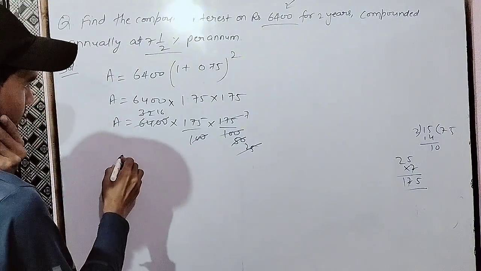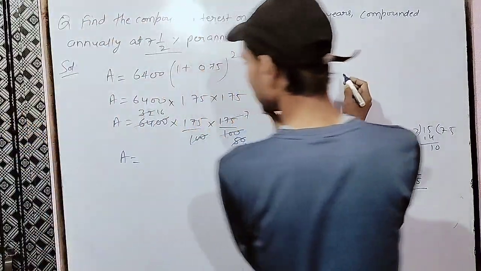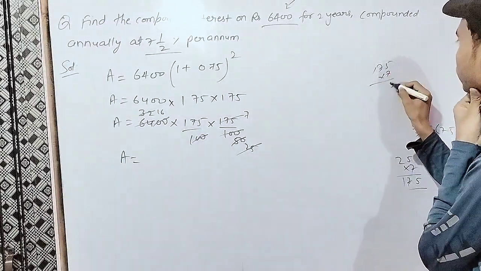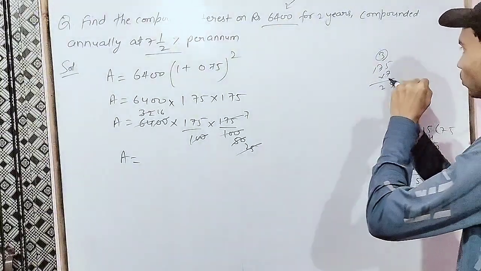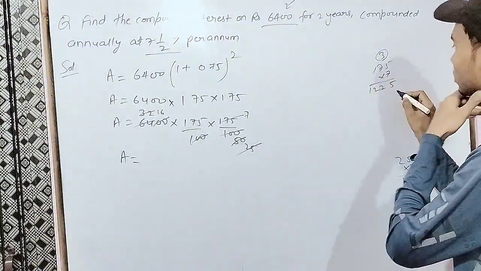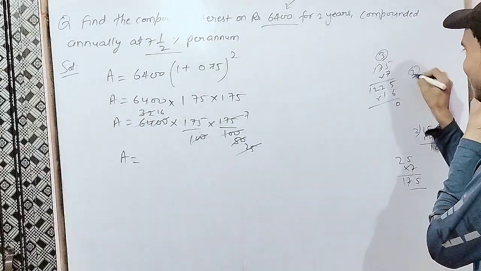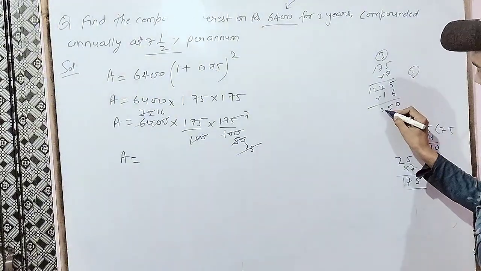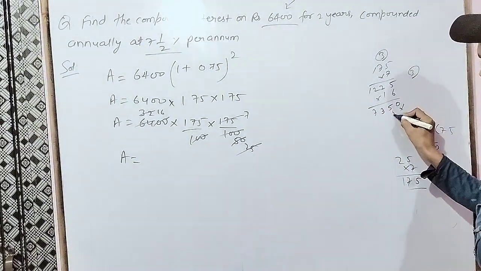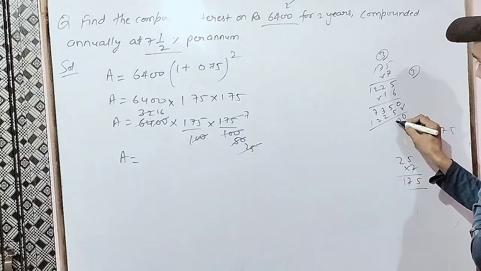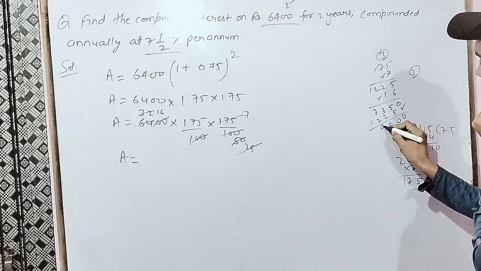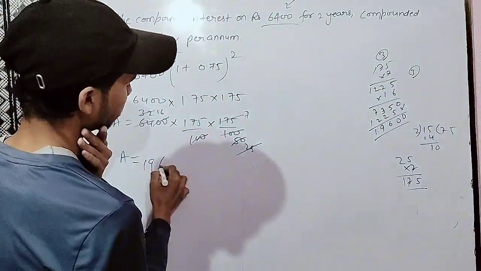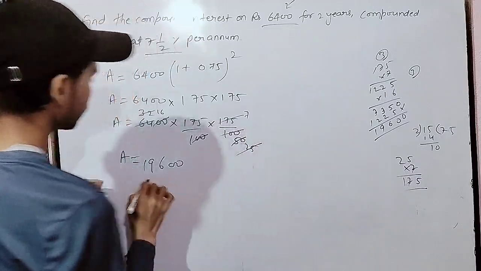Now what else? Nothing. We multiply step by step and get 7,500 upon 100 and so on. This is final. This is the final amount.